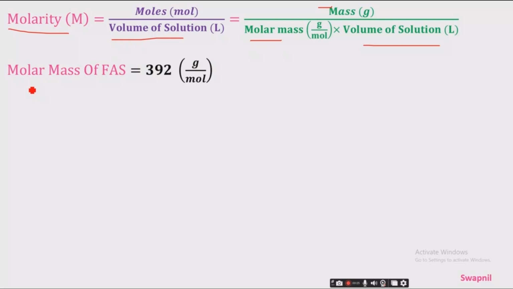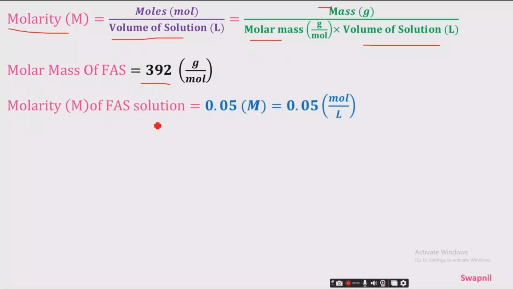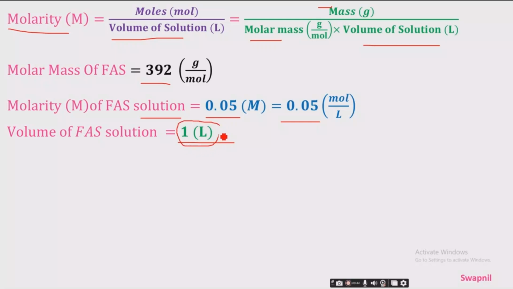We have the molar mass of ferrous ammonium sulfate as 392 gram per mole, and the molarity of the solution is 0.05 molar, that is 0.05 moles per liter. The volume is not given, so we assume 1 liter to calculate the amount of ferrous ammonium sulfate.